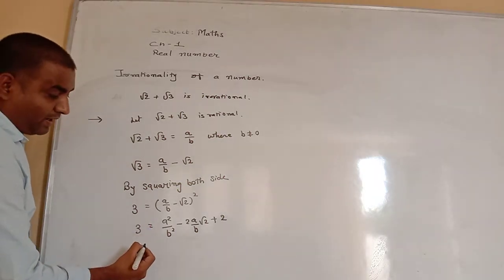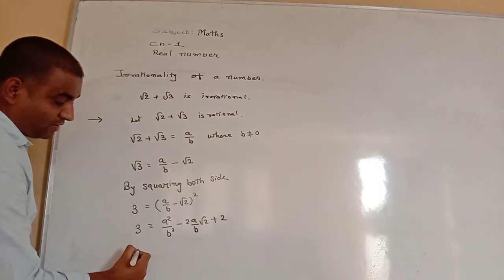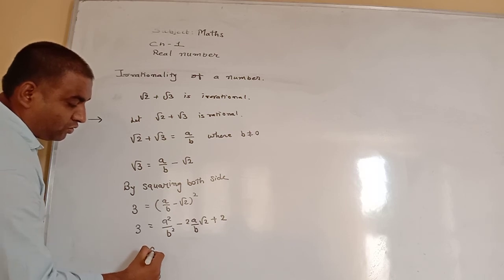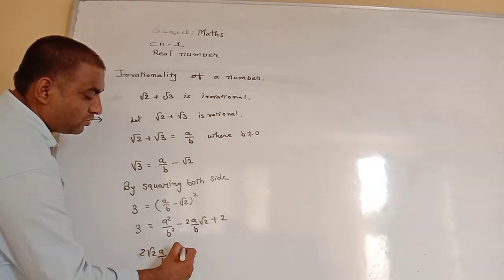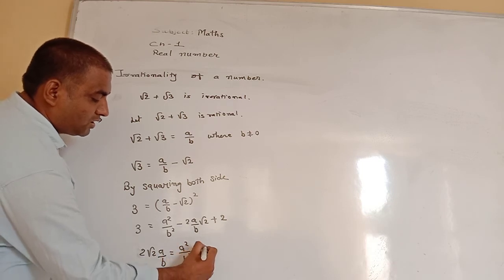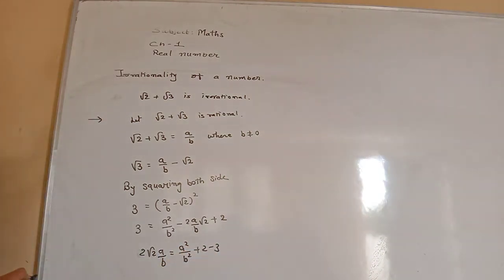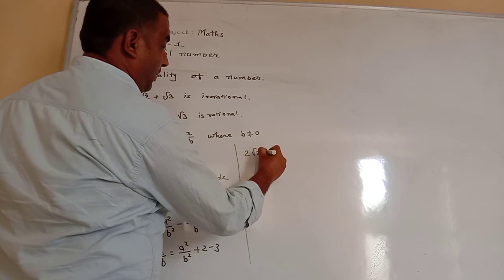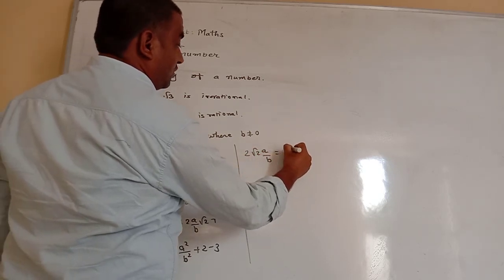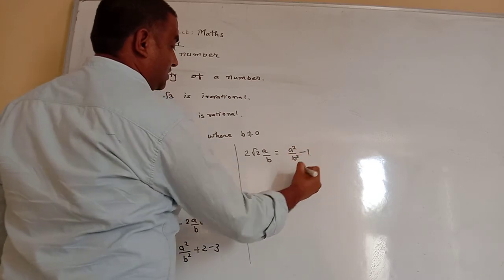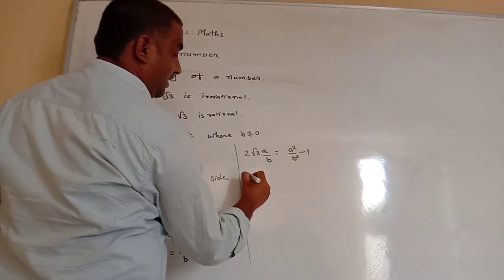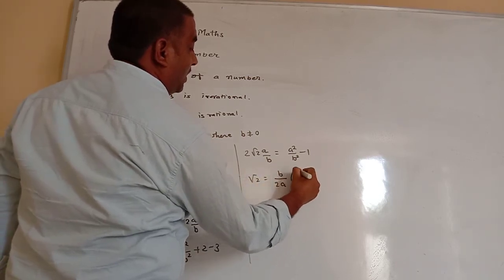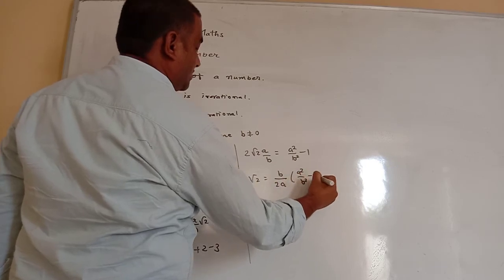And so we simplify it, and it will become 2 root 2 a by b equals a squared by b squared plus 2 minus 3. So it will be 2 root 2 a by b equals a squared by b squared minus 1. And so we can write that root 2 equals b by 2a multiplied by (a squared by b squared minus 1).